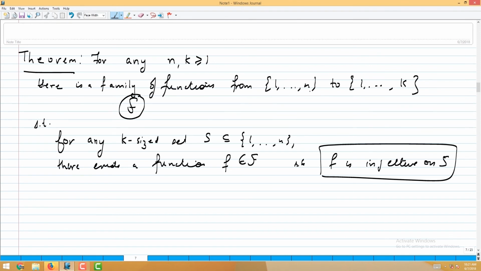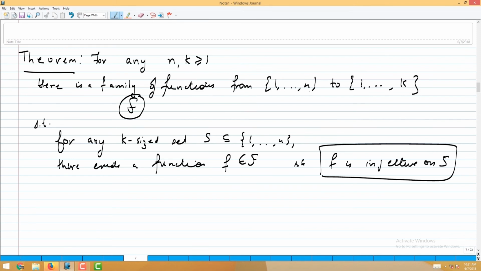Then if I give you any k size set S, there is always a function in this family that is injective. Because as she said, given a set S, I can always come up with a function that is injective on S. And I have taken all possible functions from 1 to n to 1 to k in this family. So in particular, I would have taken all the kinds of functions that she proposed for a given S. So basically such a family is no big deal. It always exists.